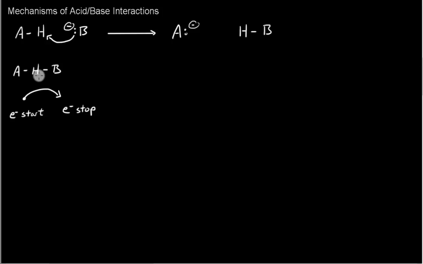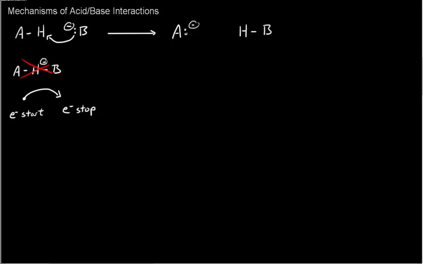If you look at this hydrogen right here, we have a total of 4 electrons surrounding it. So this kind of structure isn't going to be possible.